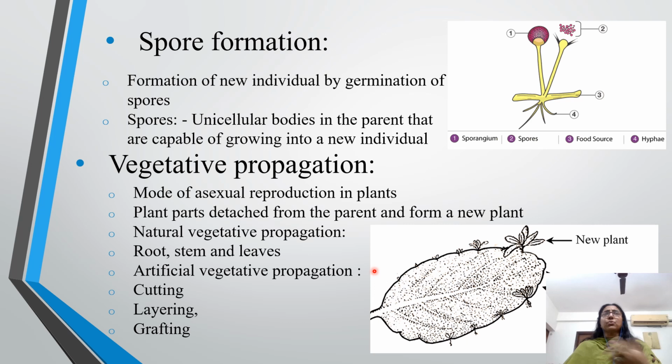And we can categorize it into 2 types. One is natural vegetative propagation, and the other is artificial vegetative propagation, where natural vegetative propagation is formed by root, stem as well as leaves, whereas artificial vegetative propagation is performed by cutting, layering, grafting, tissue culture, etc.